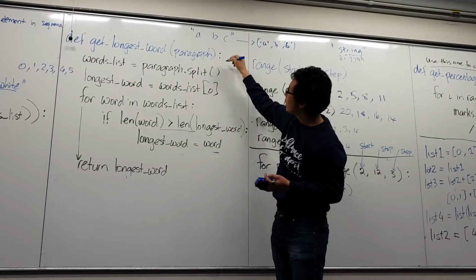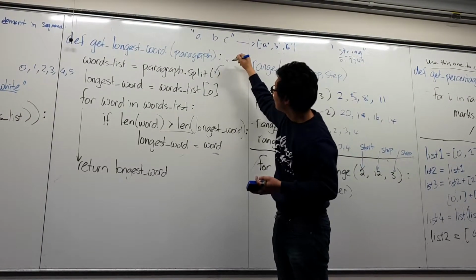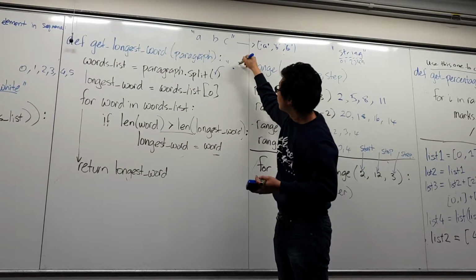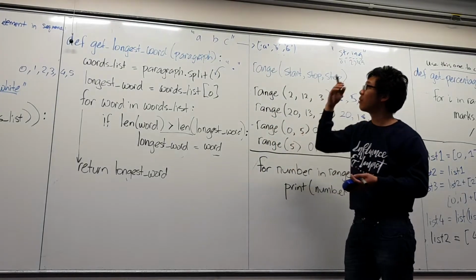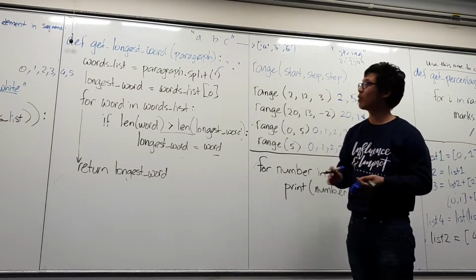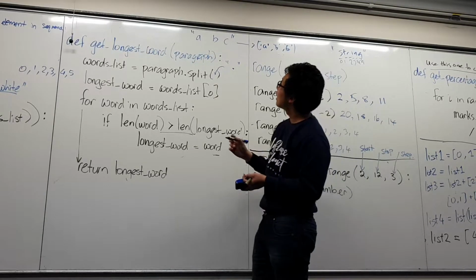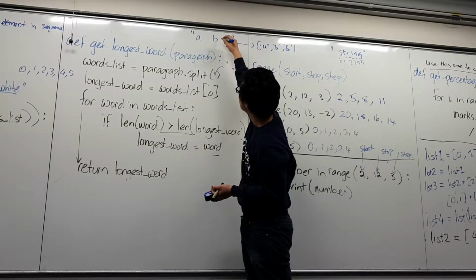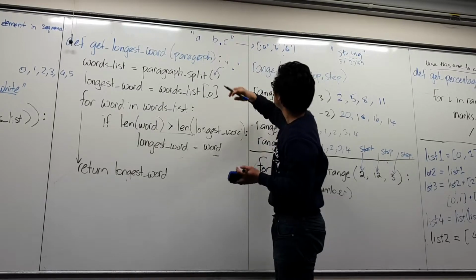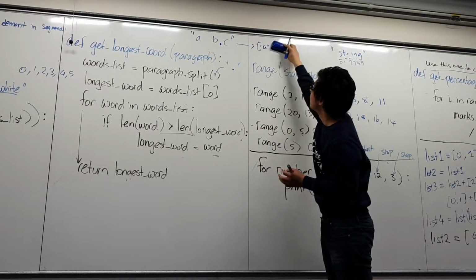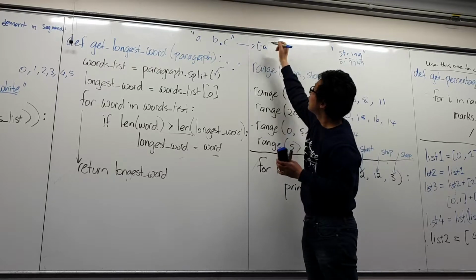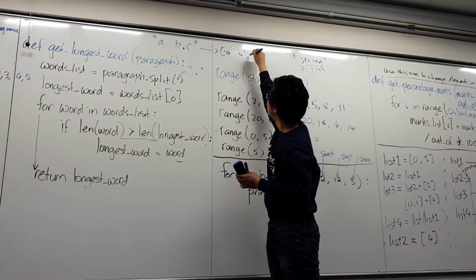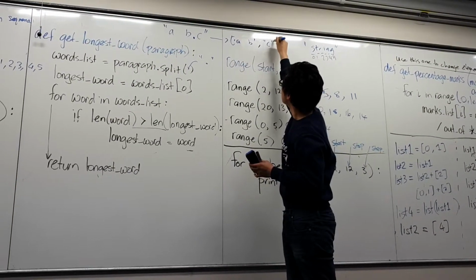However, let's say I put some string inside there. It will now split on whatever that character is. So if I did something like A, space, space, space, B, comma, C, and split on the comma, it would now split there.